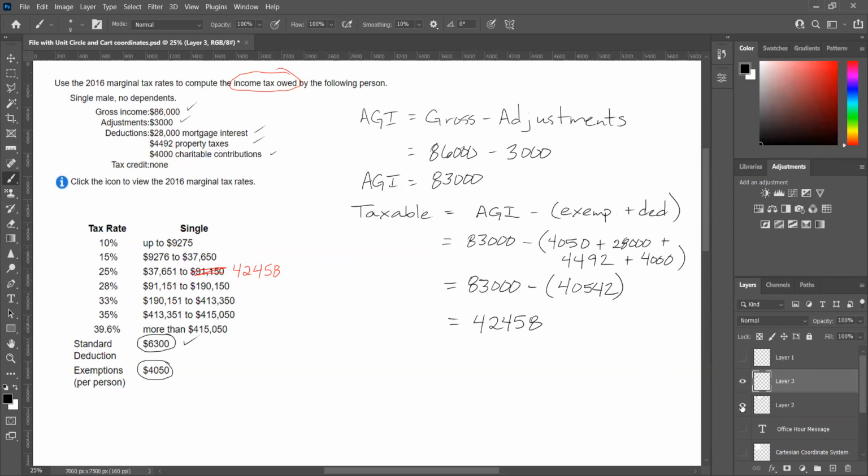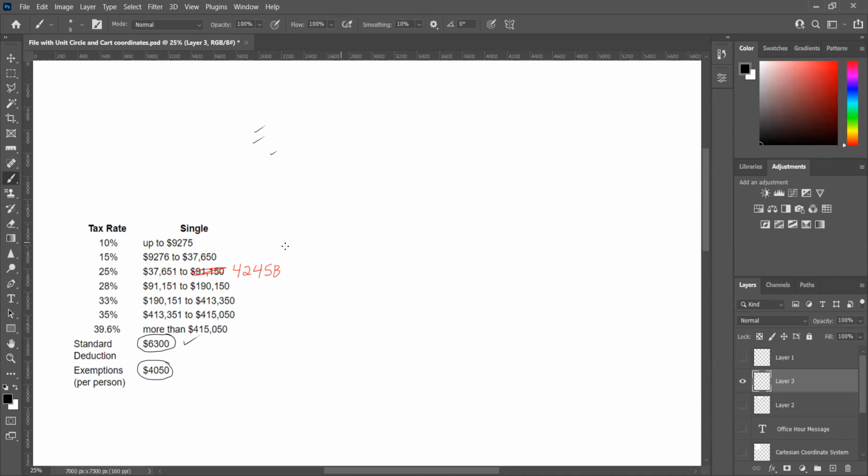So I'm going to go ahead and hide that so that I can just concentrate on what we have here. I need 10% for this first 9,275. So 0.10 times 9,275 would be $927.50.